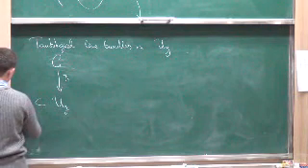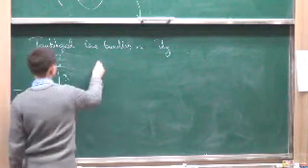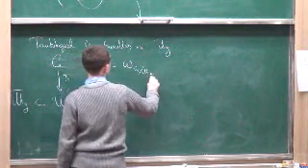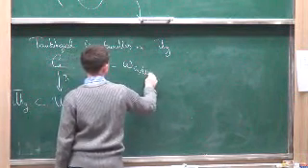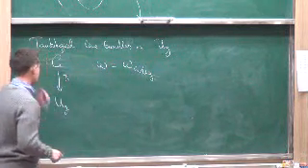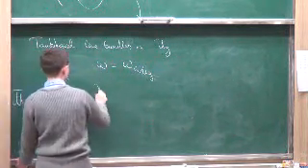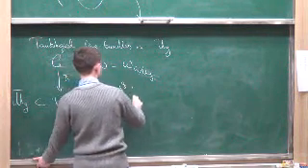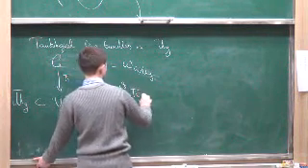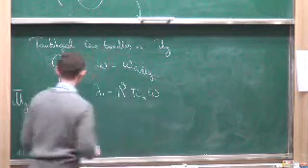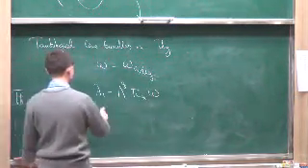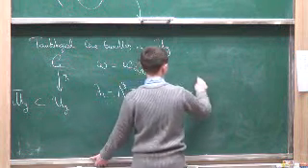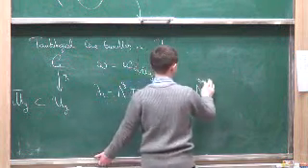We have M_g bar sitting inside of U_g. I'm going to denote by omega the relative dualizing sheaf of this family. I'm going to define lambda 1 to be the determinant of the Hodge bundle, which exists over U_g, and lambda 2 will be the determinant of the second Hodge bundle.